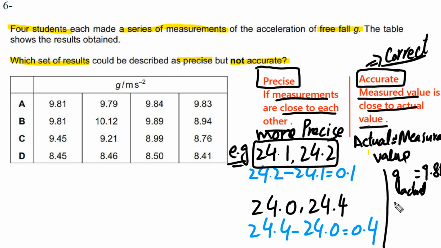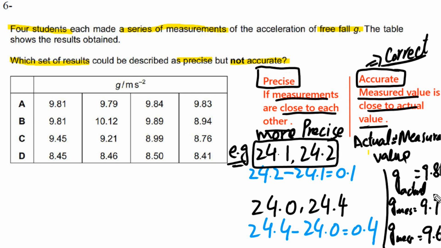Let's say we got two measured values. One is 9.7 and the other, to make it simple, is 9.6. Which one is more accurate?